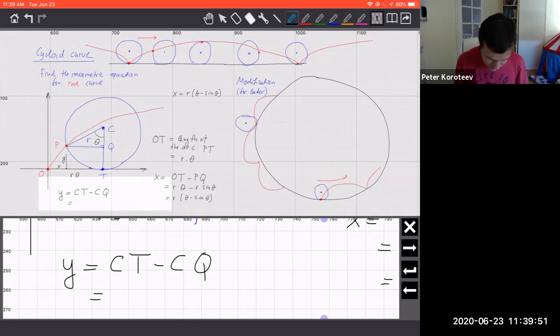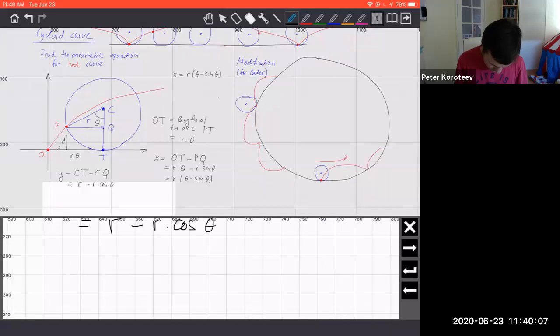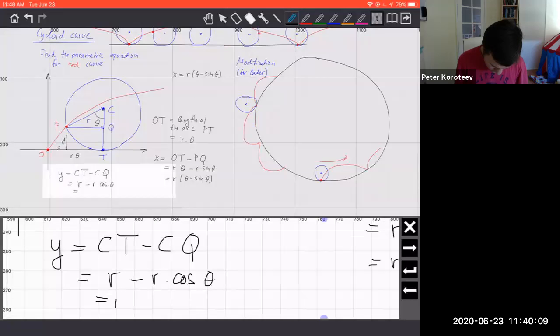So CT is of course the radius, and CQ will be the other function, so it's minus radius times cosine theta. So that gives us R times 1 minus cosine theta.